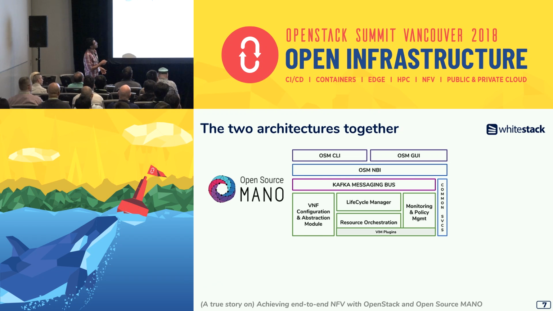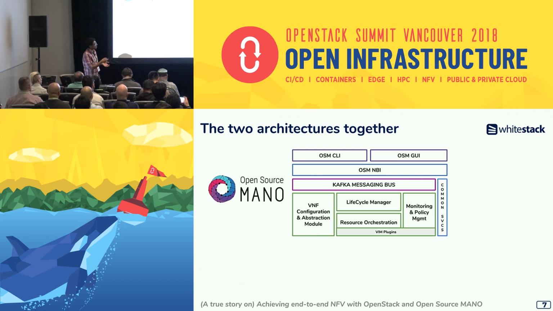And it has, this is new, a new Kafka messaging bus for efficient asynchronous communications, a new northbound interface, which is aligned with ETSI's SOL 005, and a couple of clients. Just like in OpenStack, we have a CLI and a graphical interface, which is new as well.